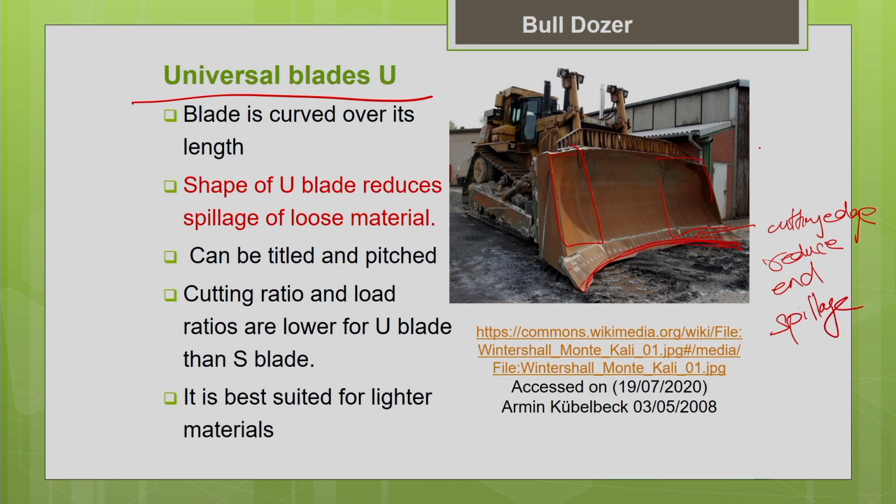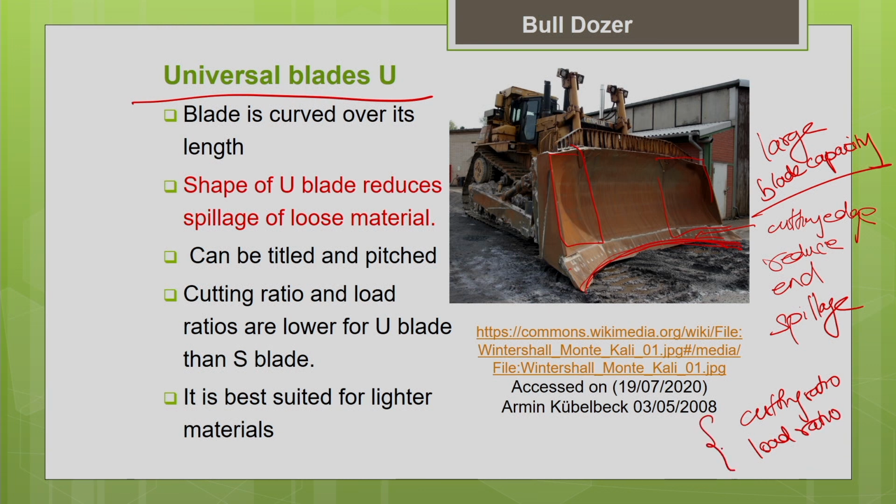So these blades have large blade capacity. Blade capacity is high because they are bigger blades. The dimension is bigger, so the blade capacity is bigger. But one thing to be noted, the cutting ratio and load ratio are lower for the U blade when compared to the straight blade because they are bigger in dimension.